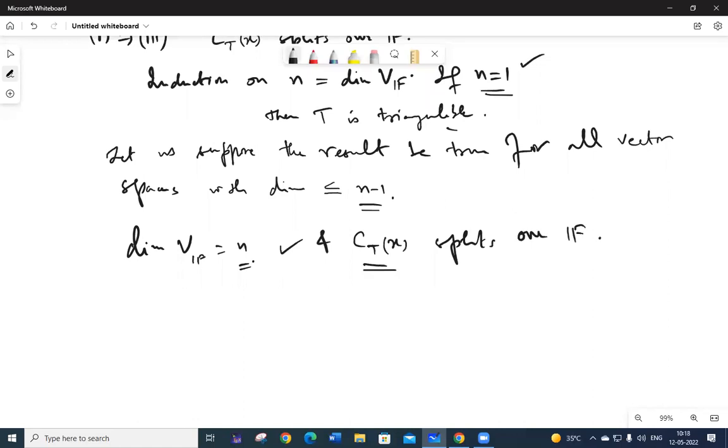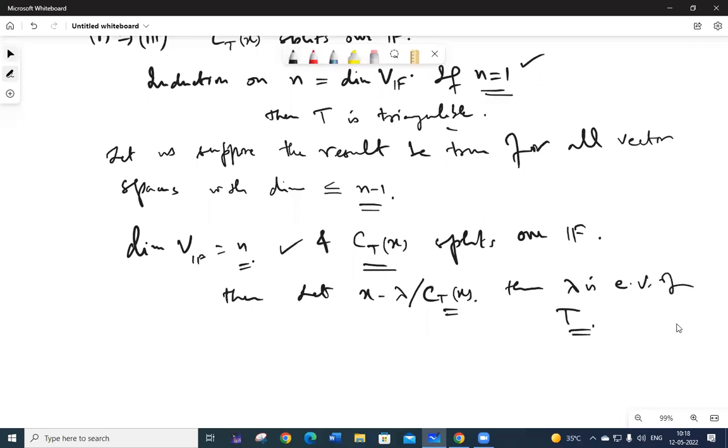Let us suppose one of the factors is x minus lambda. All right. Then x minus lambda divides this CTX, then lambda is an eigenvalue of T. All right.